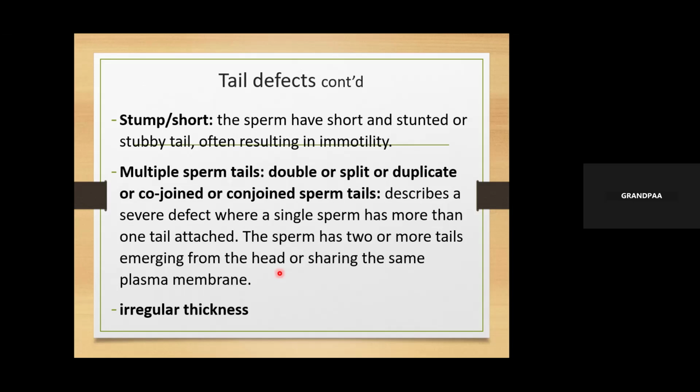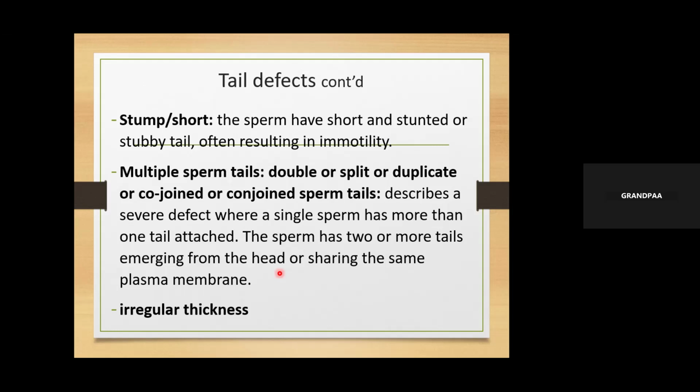So when you say a stunted tail, it means it's short. We also use the word stubby. Any of this means that it is short. And once it is short, it's also going to result in challenges in the motility.